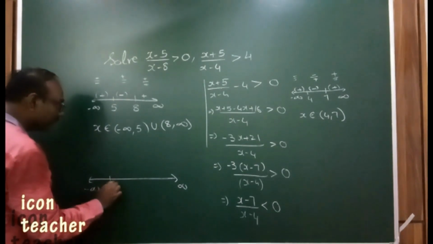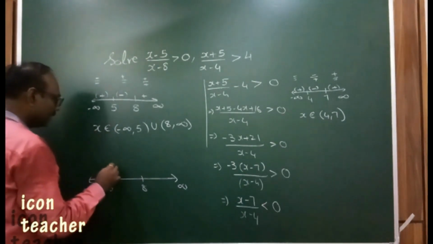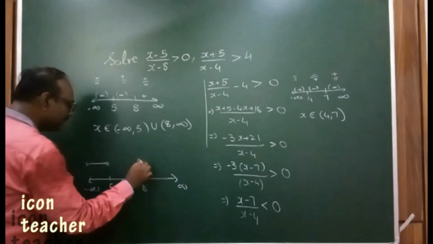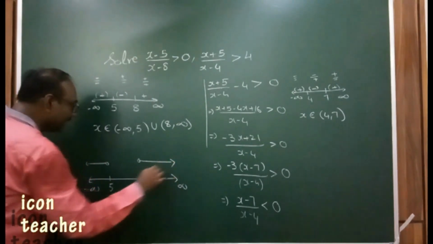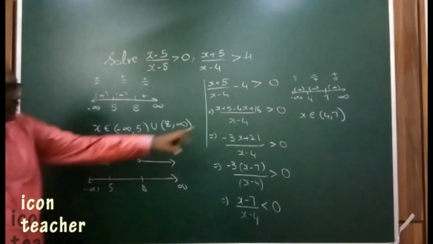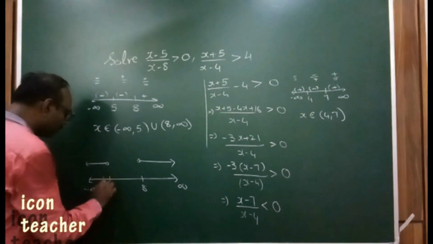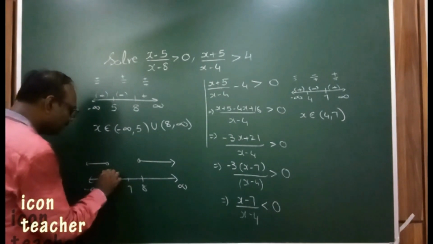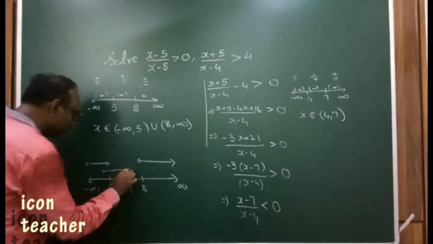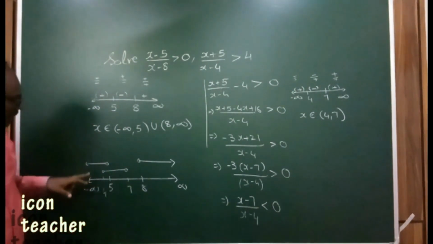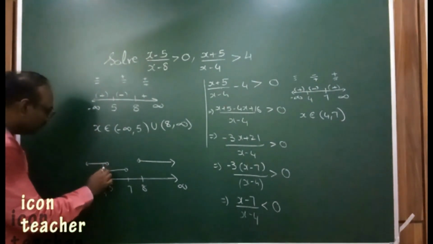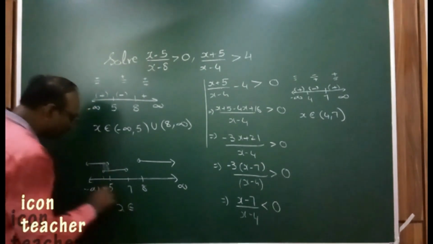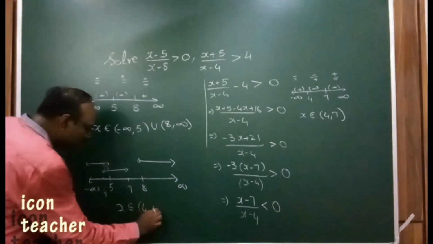I write here 5 and this is 8, and all the values from minus infinity to 5 and 8 to infinity, excluding 5 and 8, and then the second solution is the open interval 4 to 7. We observe that there is only a common solution from 4 to 5. So the common solution is x belongs to the open interval 4 to 5.